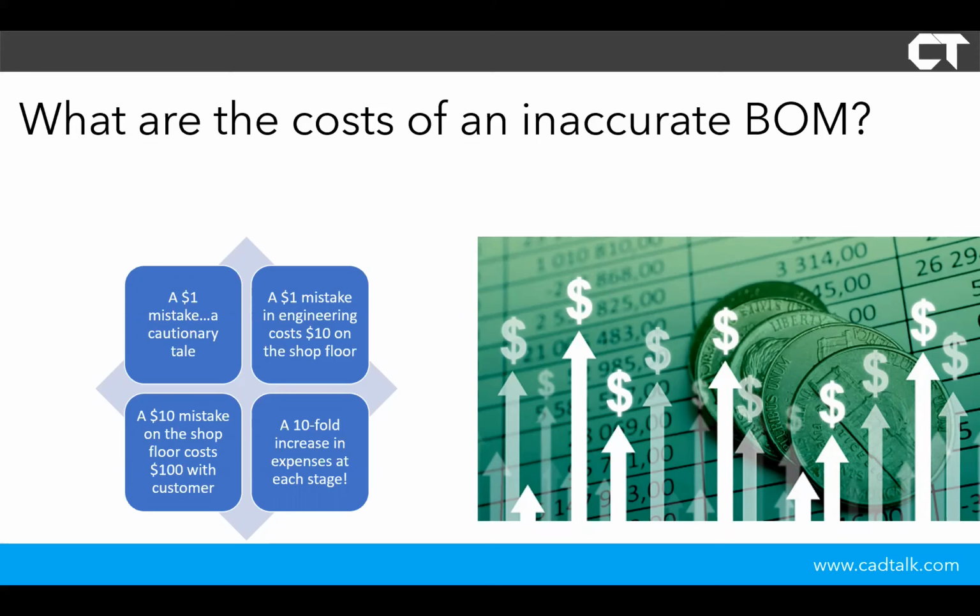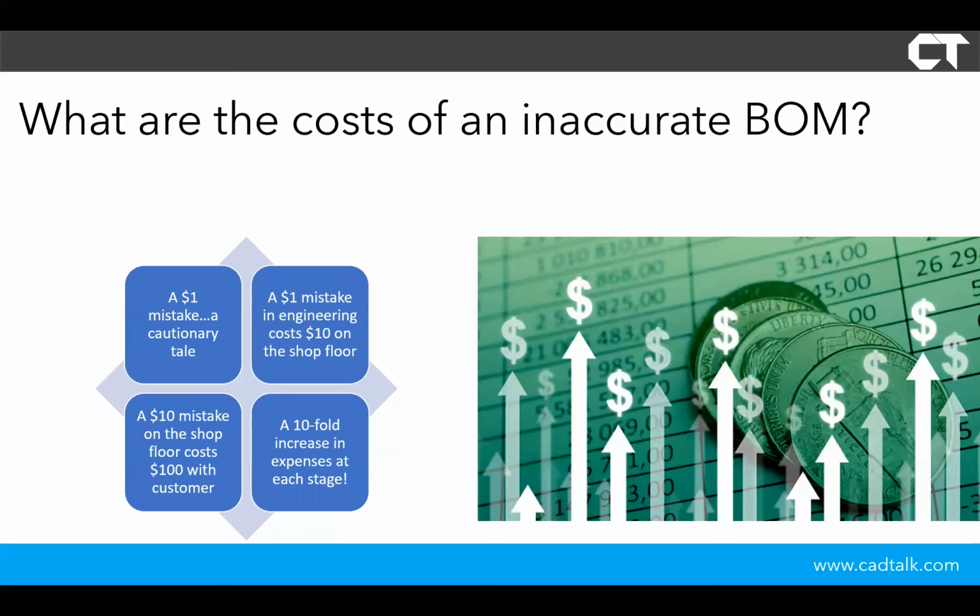So a lot of research points that one mistake, a $1 mistake in engineering, if it goes from an engineering mistake to the manufacturing, right, and that handoff, that could end up to be a $10 mistake on the shop floor due to wasted material or reworks or confusion or just lost labor. Now, what happens if that $1 mistake now becomes a $10 mistake in the shop floor? Let's say it gets past the shop floor and then gets all the way to the customer.